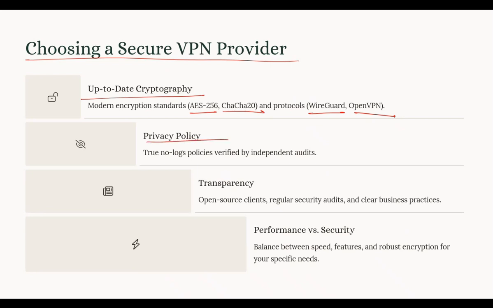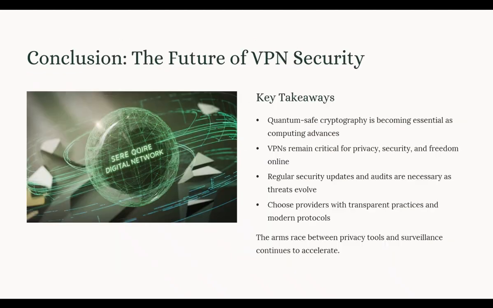Privacy policies should be true no-logs policies verified by independent audits. Transparency should be there: open source clients, regular security audits, and clear business practices should be maintained. Performance versus security: there should be a balance between speed, features, and robust encryption for your specific needs. So both performance and security should be considered.